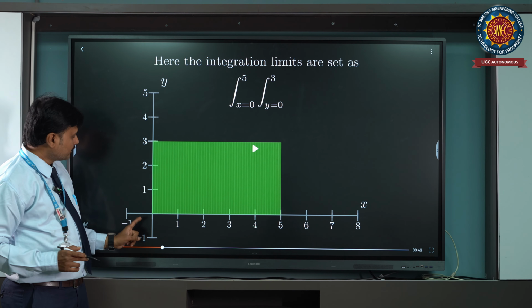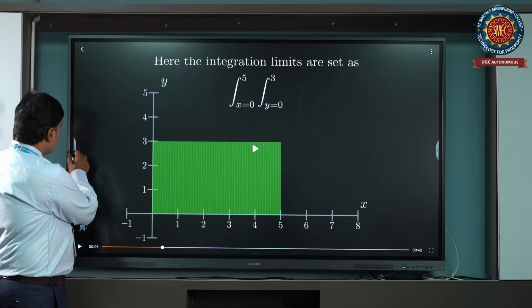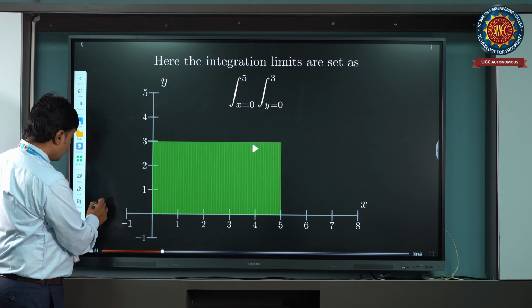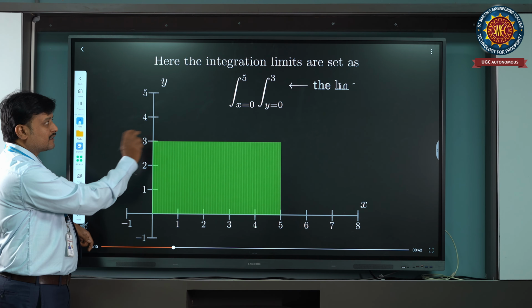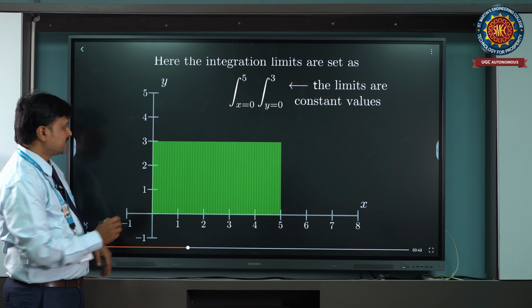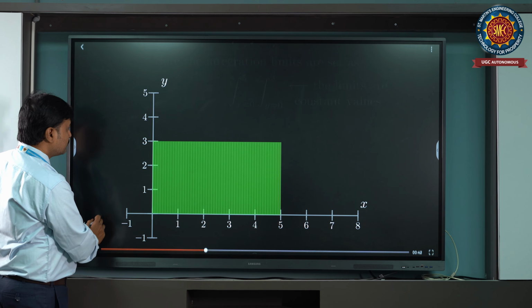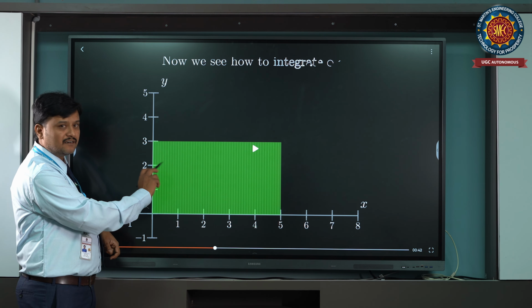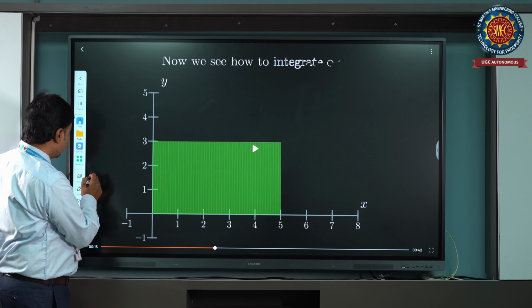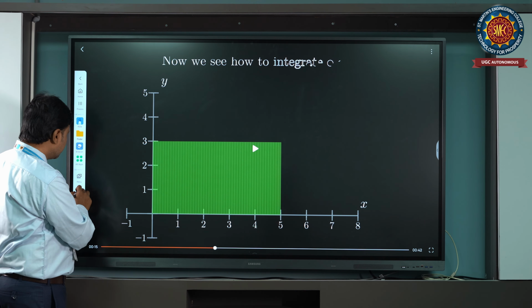Okay, so here, if you take the rectangular region, the limits are always constants only. The limits are constant values. So how can you find the limits for rectangular regions? I will tell you.